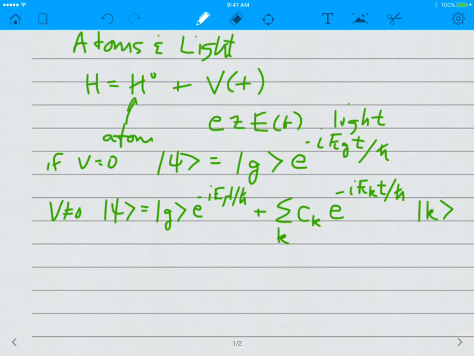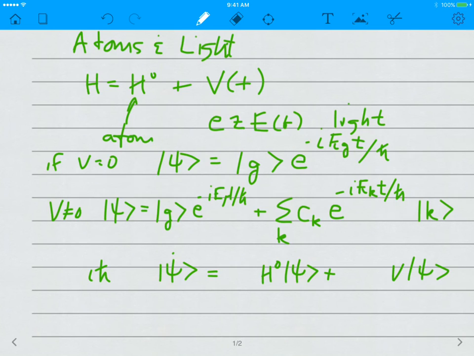Okay, so now what we want to do is solve the Schrodinger equation, so we have i h bar psi dot equals H0 psi plus V psi.